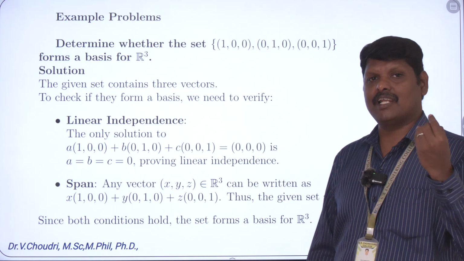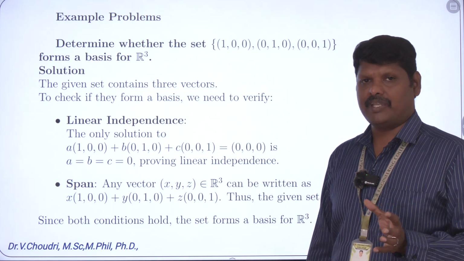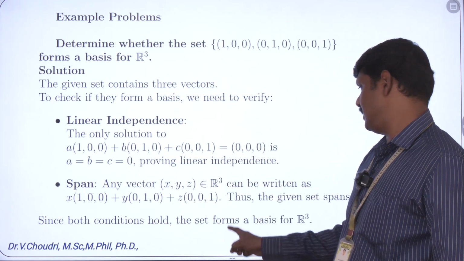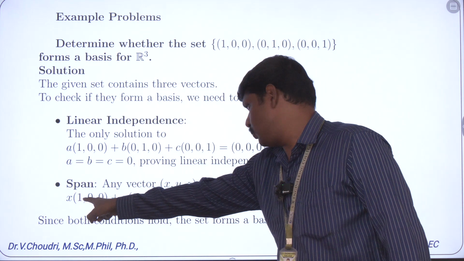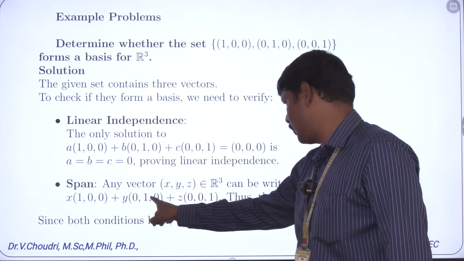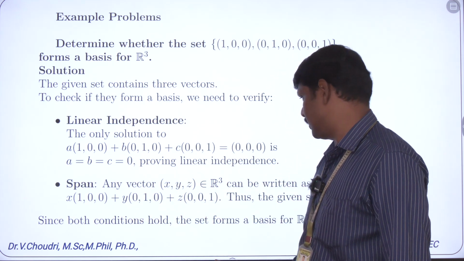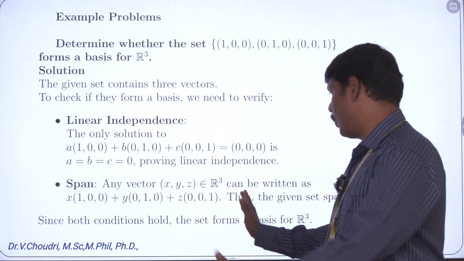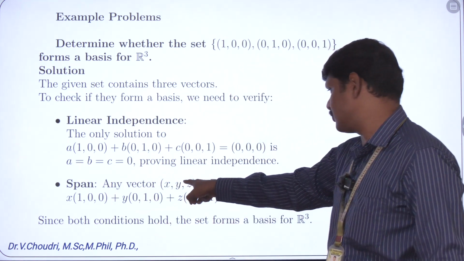I am taking any element x comma y comma z. Okay, that vector. See how we can write x comma y comma z. I am taking x into 1 comma 0 comma 0. Okay, then second element 0 comma 1 comma 0, y into 0 comma 1 comma 0. Okay, third z into 0 comma 0 comma 1. When we operate this one, we can get x y z.